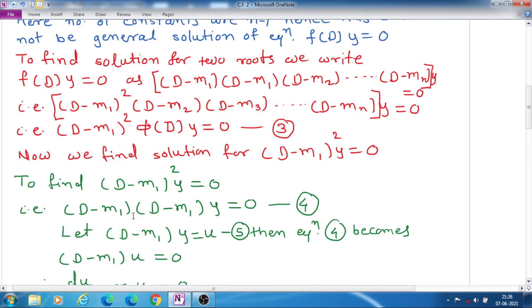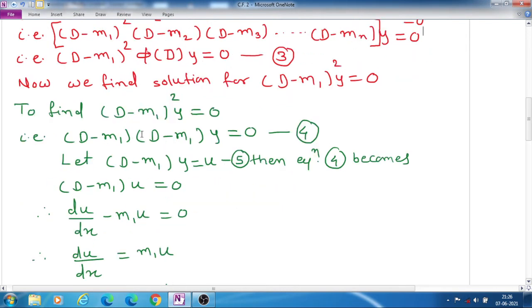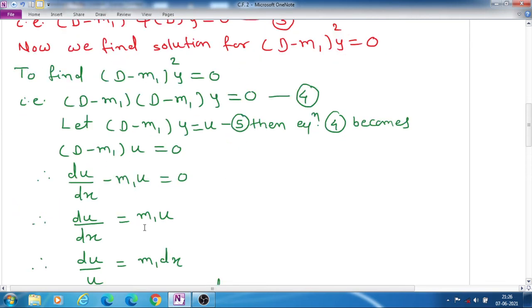So we have to now find the solution for D minus m1 bracket square into y equal to 0. That means D minus m1 into D minus m1 into y equal to 0.